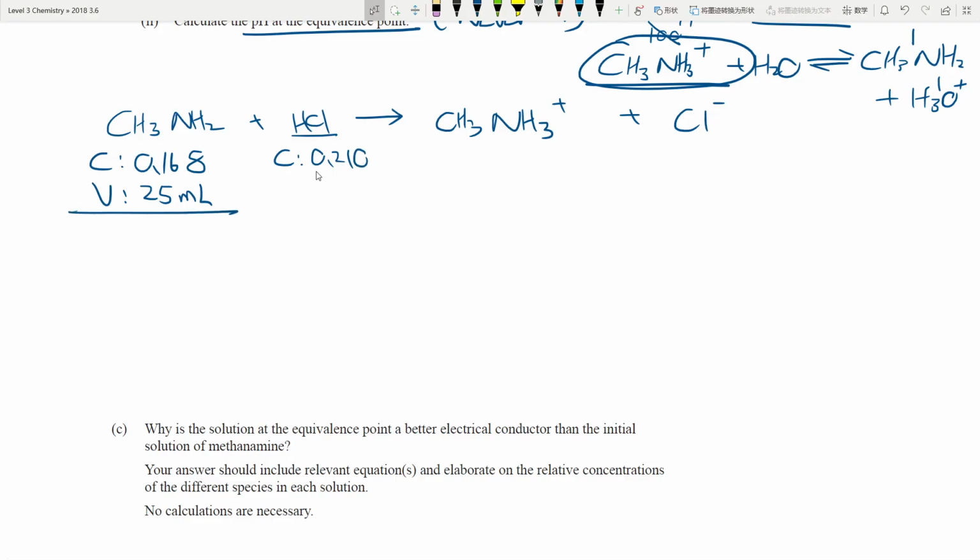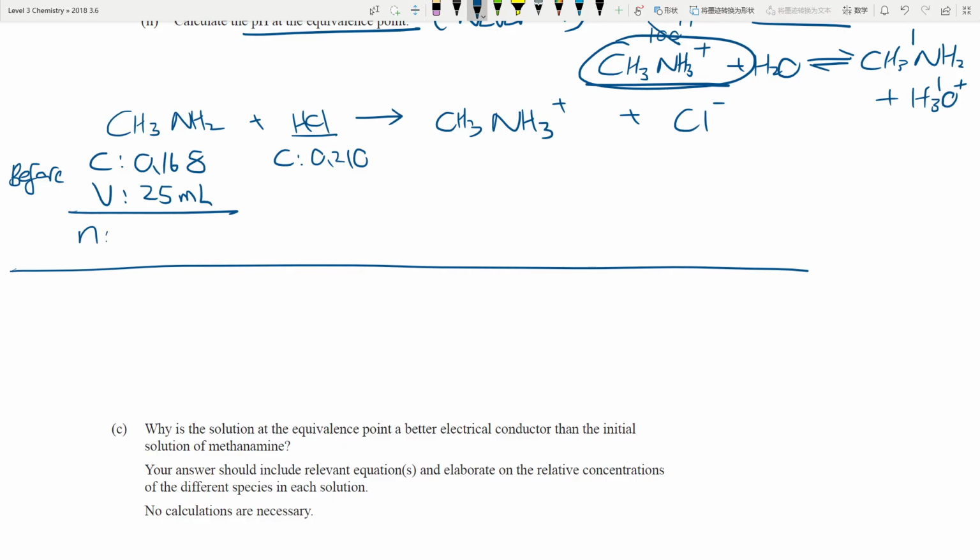Now, so this is before, and then we can actually look at the graph to prove that I was right. Okay, so we can do n equals CV to find out the moles, which is 0.168 times 0.025, which is 4.2 times 10 to the power of -3.